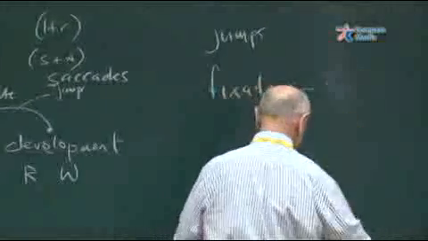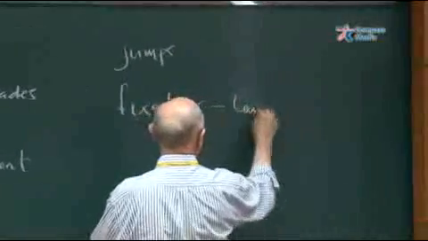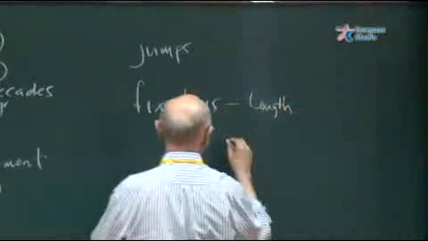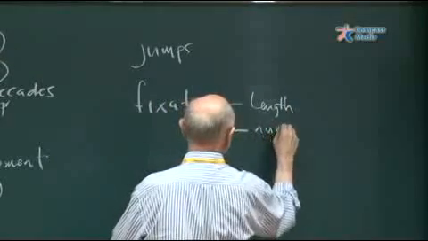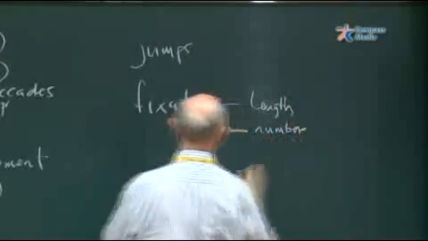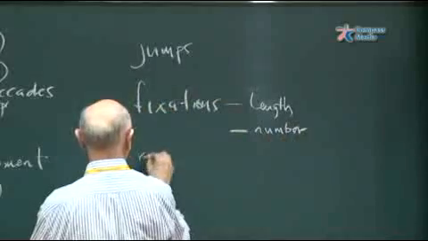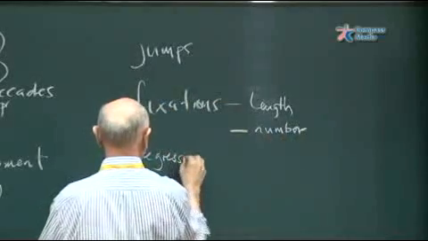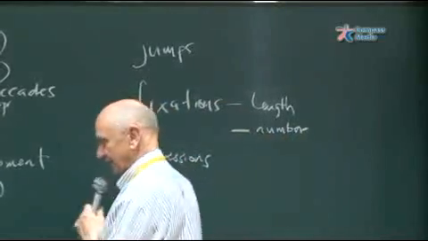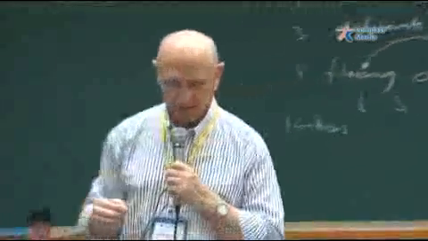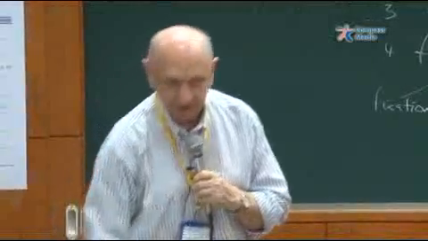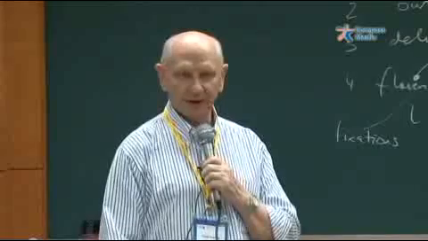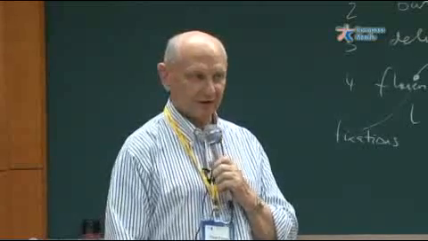We've got length or time of the fixation, and we've got the number of fixations. So there are two things here. And then we've got regressions. That's about everything, isn't it? Yeah? Nothing else that we talked about? No, that's about it. So what happens then when someone increases their reading speed?